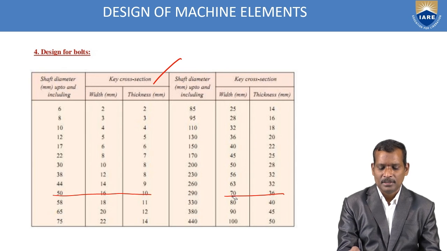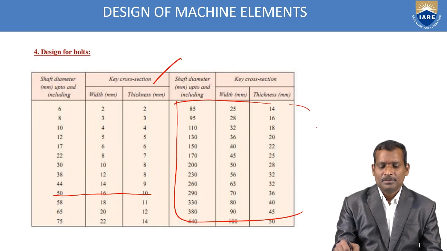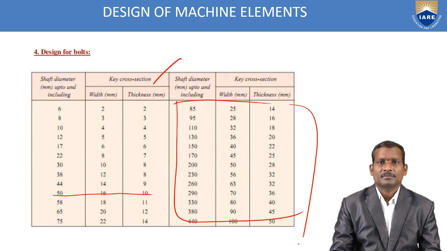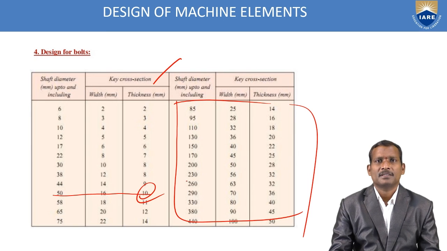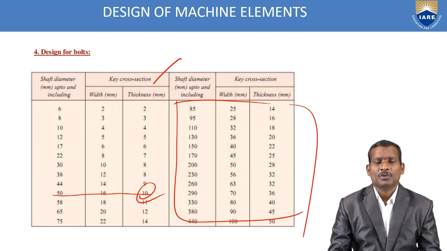If the shaft diameter is more, you can take these values. So here the key dimensions are 16 mm width and 10 mm thickness. Clear? So like this, this is how to solve the problem of a flanged coupling.